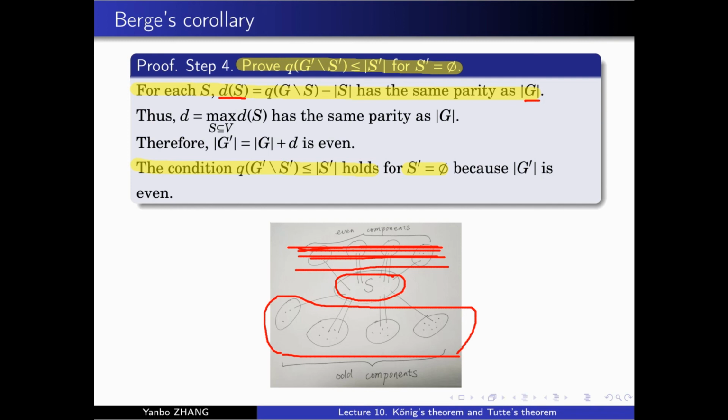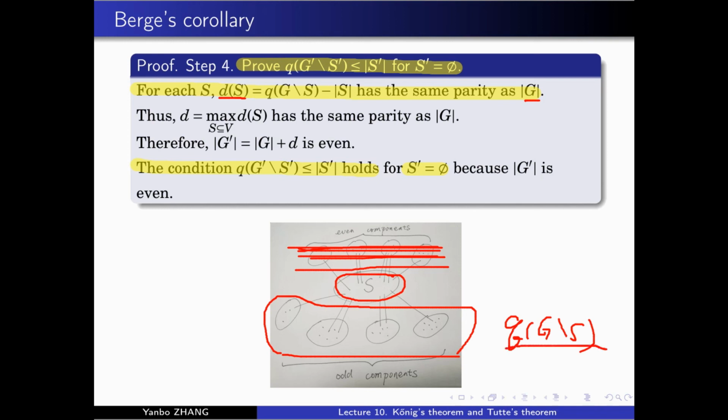If the number of odd components is even, then the total number of vertices in the odd components is even. So the number of these vertices and this number Q(G − S), which is the number of odd components, have the same parity.